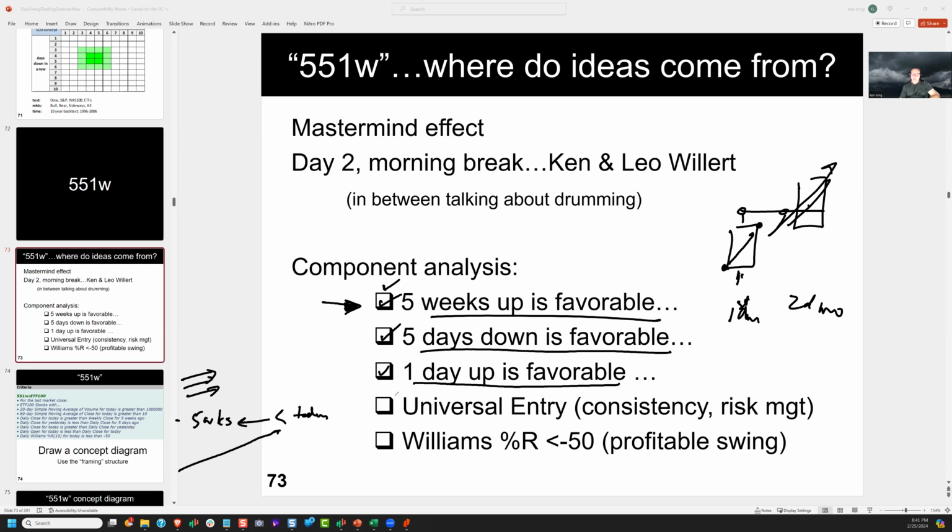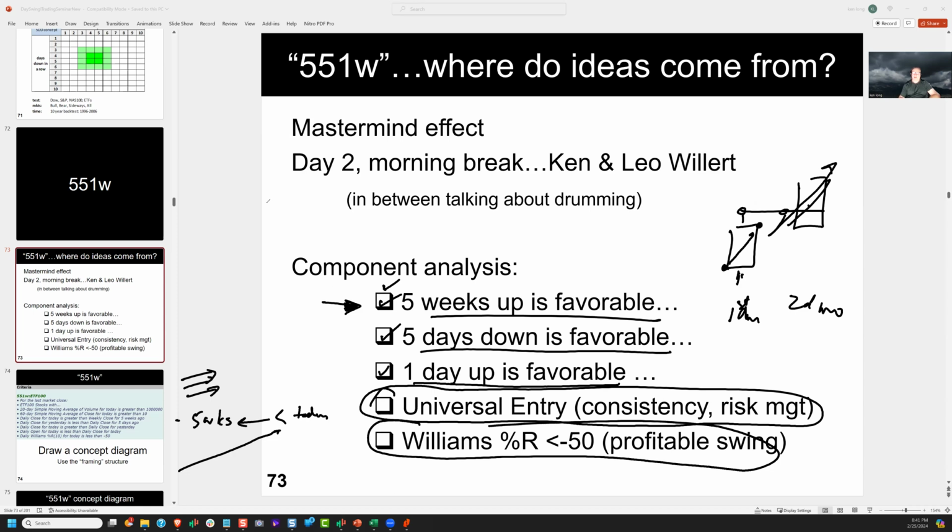If we added a universal entry, and we said that the Williams percent R over the last 10 days was below -50. So if it's below -50, then there's a chance that the next couple days it could be going back to oversold.